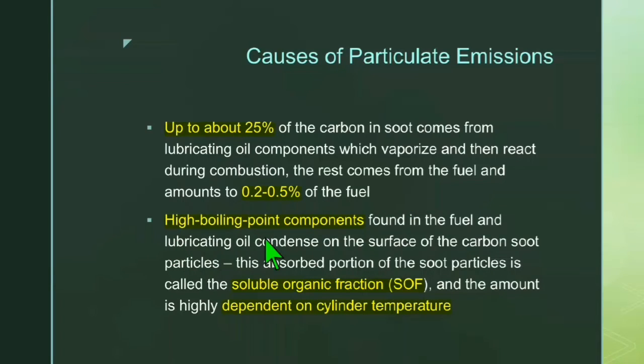High boiling point components found in the fuel and lubricating oil condense on the surface of the carbon soot particles. This absorbed portion of the soot particles is called the soluble organic fraction (SOF), and the amount is highly dependent on cylinder temperature.